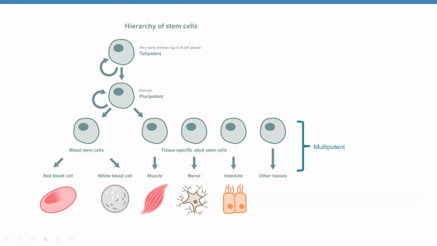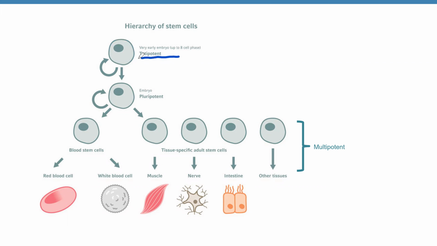All right, so here's our hierarchy of stem cells. Here's our totipotent cell, a very early embryonic cell up to the 8-cell phase. This arrow shows us that this cell can renew itself. So this cell can make more stem cells.